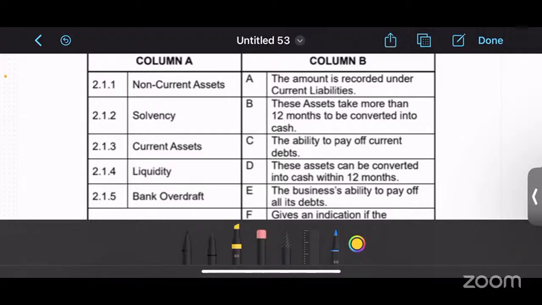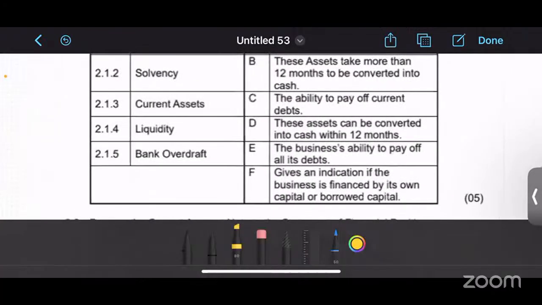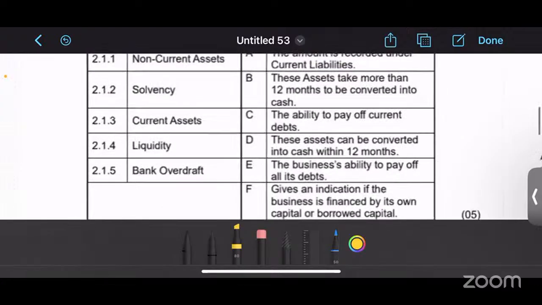B, these assets take more than 12 months to be converted into cash. C, the ability to pay off current debts. D, these assets can be converted into cash within 12 months. E, the business's ability to pay off all its debts. Or F, gives an indication if the business is financed by its own capital or borrowed capital.